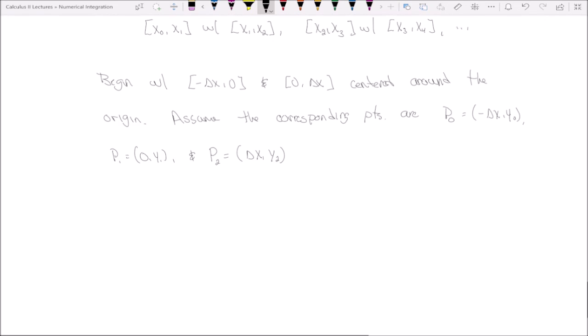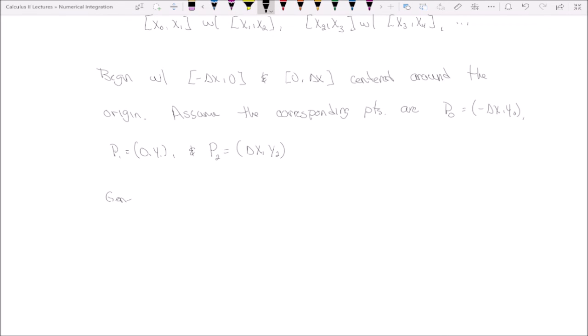Now, recall the general equation for a parabola is y equals ax squared plus bx plus c, where a, b, and c are all real numbers.